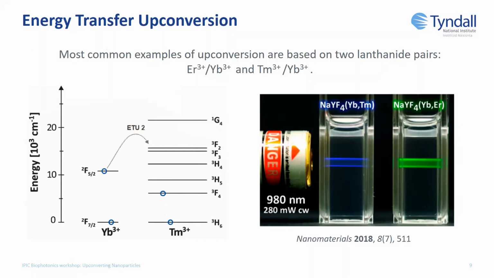This state is an emissive state, and it's going to emit an 800 nanometer line. So in this case of ytterbium and thulium, we can not only have the blue emission, but we can also have a near-infrared emission, which is ideal for biophotonics, because that means that both our excitation and emission penetrate quite deep in tissue.